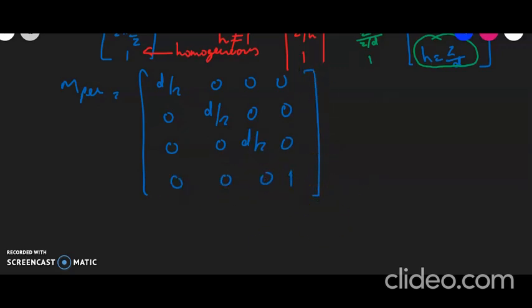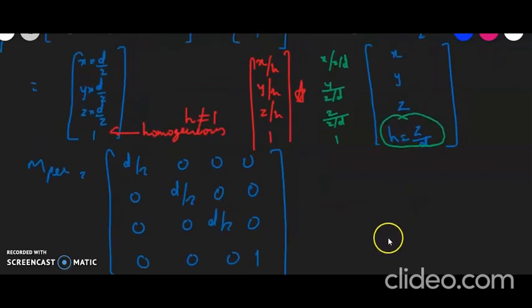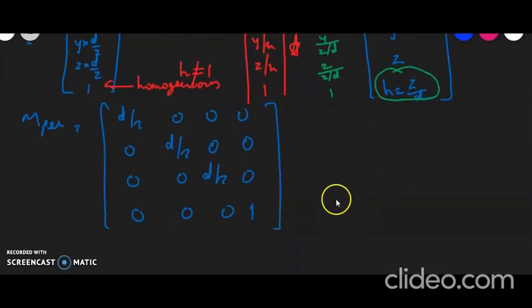Now if I take this as my final equation and I want H to be Z by D, so all my values here change. My M perspective matrix changes to, okay, I want D by Z. But now I have changed my h to z by d, and the rest values will be 1.